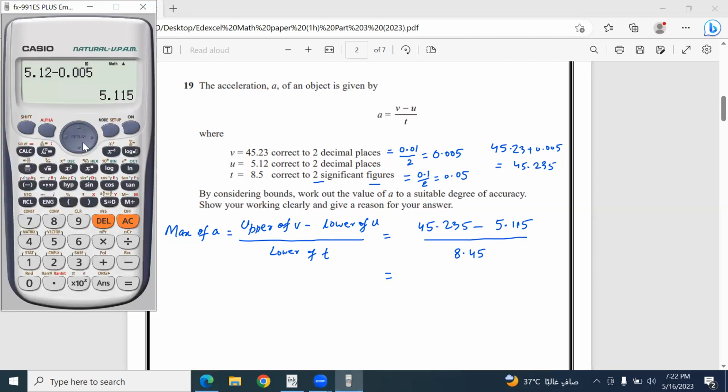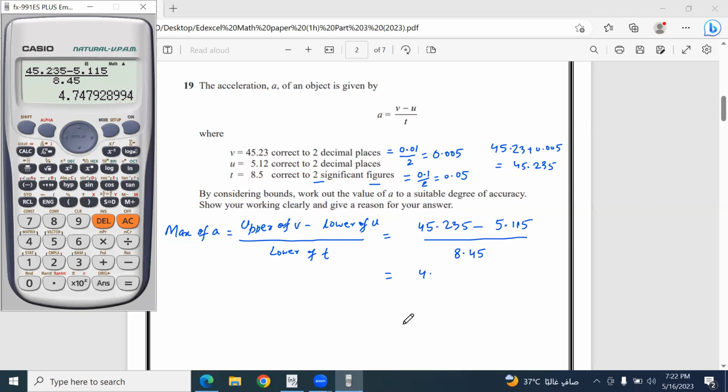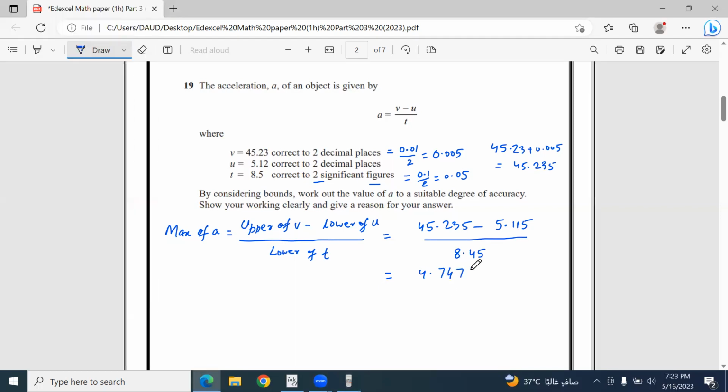After this we can check all these values in the calculator. If you see here, we have 45.235 minus 5.115 over 8.45, that gives us 4.7479.